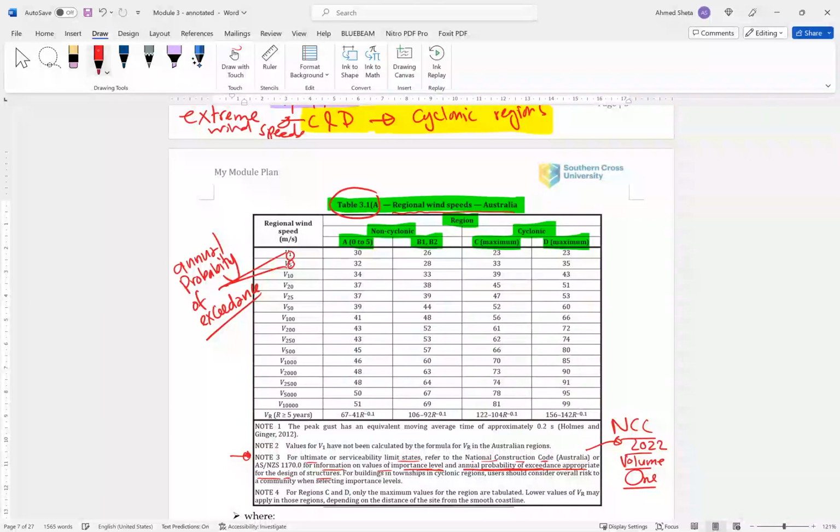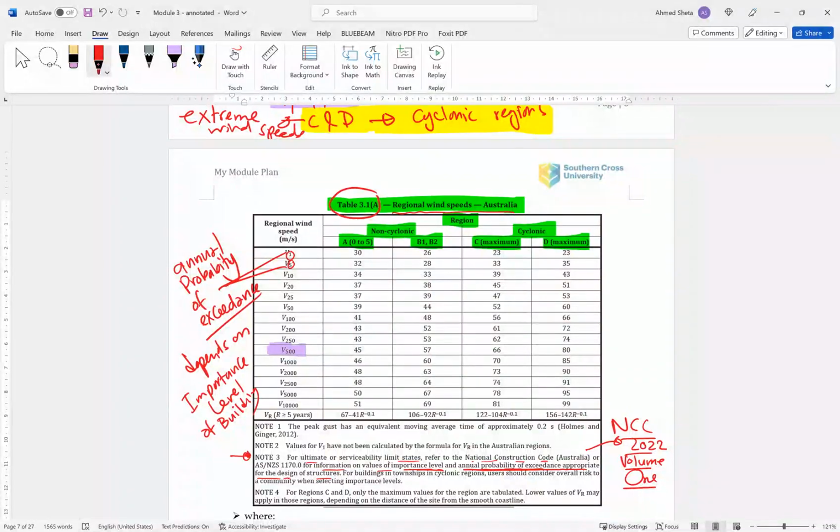It depends on the importance level of the building. For importance level 2, it is 1 in 500.